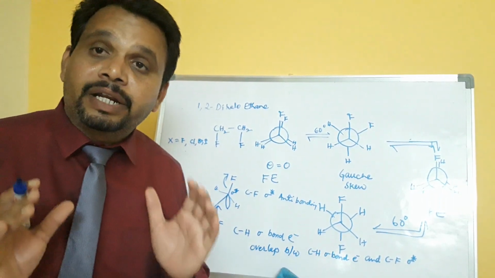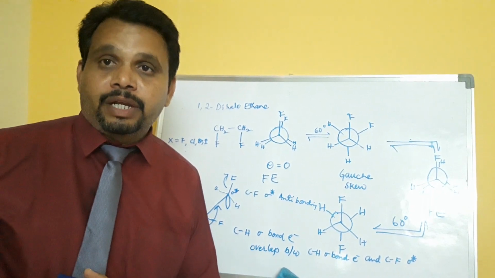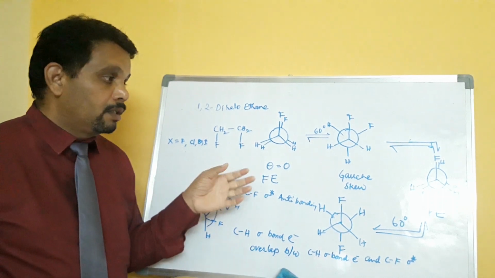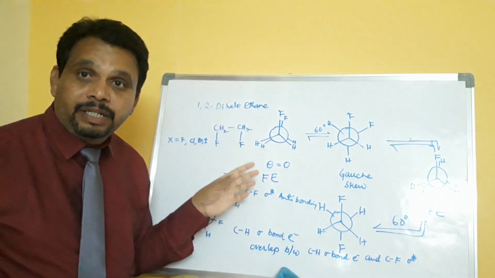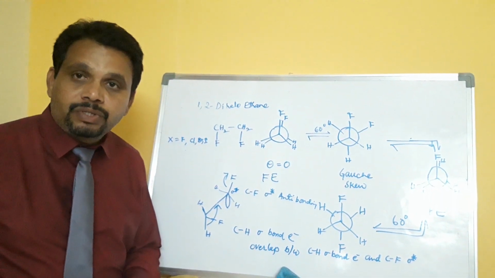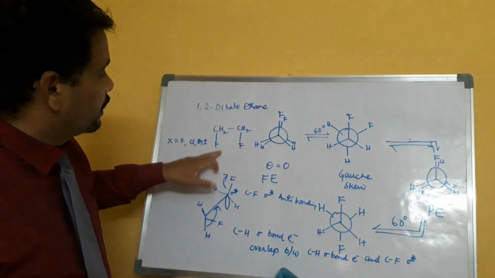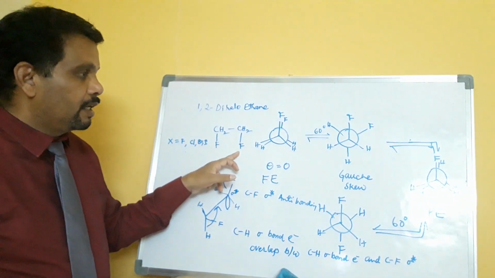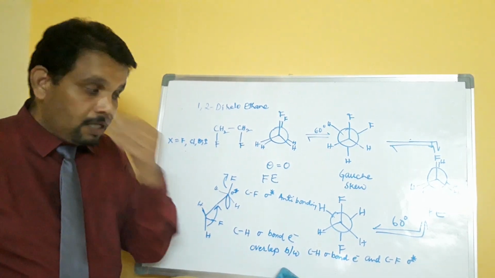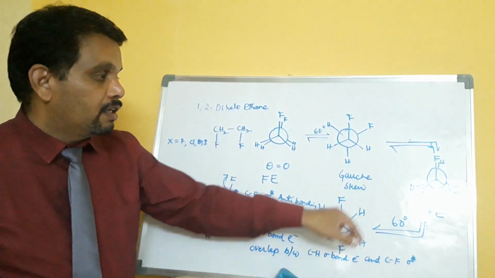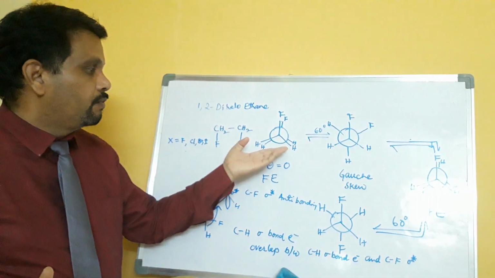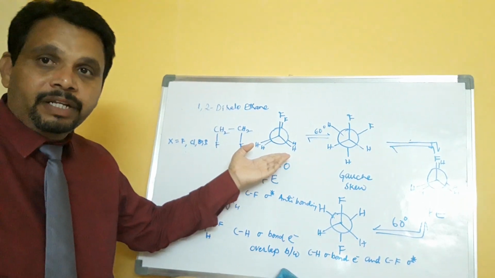Okay, so that is the reason you need to understand to find out the order of stability in such 1,2-dihaloethane kinds of compounds. Okay, so in 1,2-difluoroethane, the gauche or skew conformer is more stable than anti-conformer or staggered conformer, partially eclipsed and fully eclipsed. You already know that in the fully eclipsed conformer there are many strains.